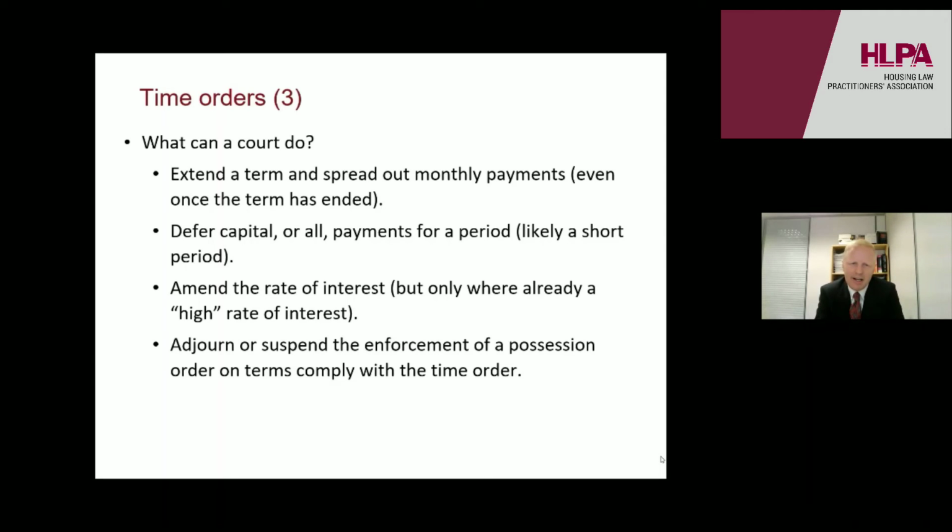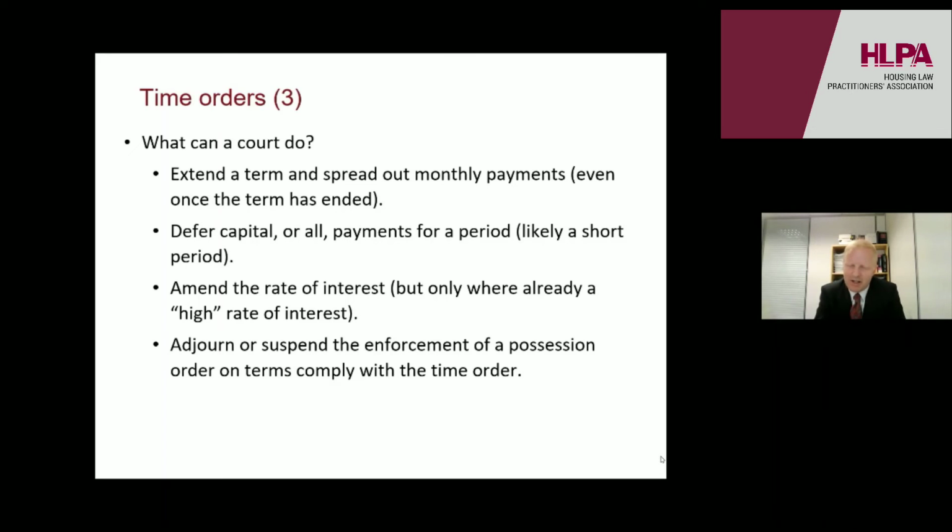The other power is to amend the rate of interest, and this is the thing which always attracted quite a lot of attention. But the courts are quite reluctant to do this, except in very particular circumstances. And it tends to be where you already have a high rate of interest, because the high rate of interest is there to factor in a degree of risk, maybe to do with the borrower or the type of loan that has been taken out.